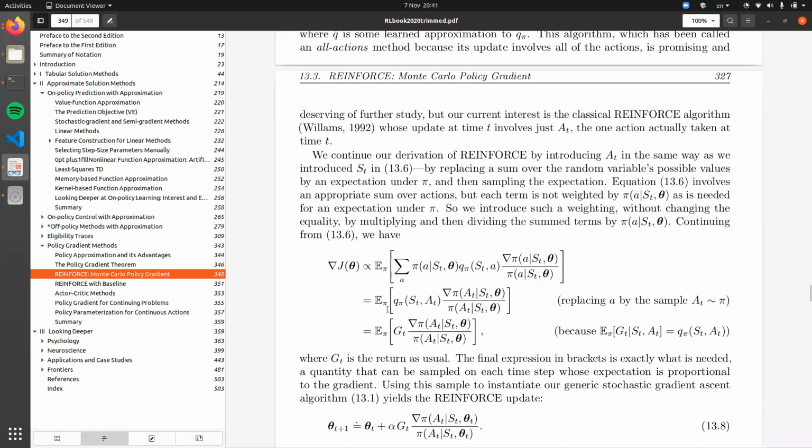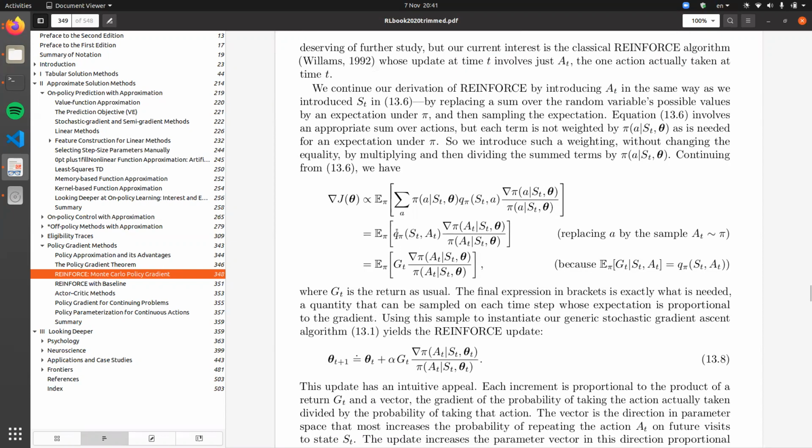So we multiply by 1, which leaves us with this part of the expression, and the q pi of s, a is essentially our return from that state.